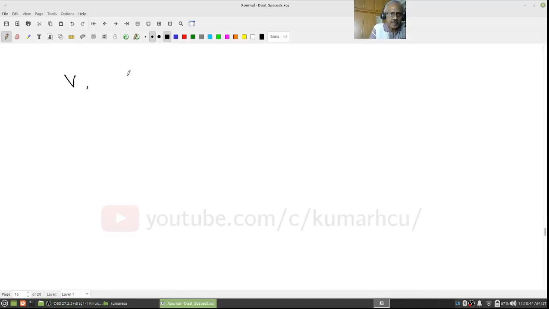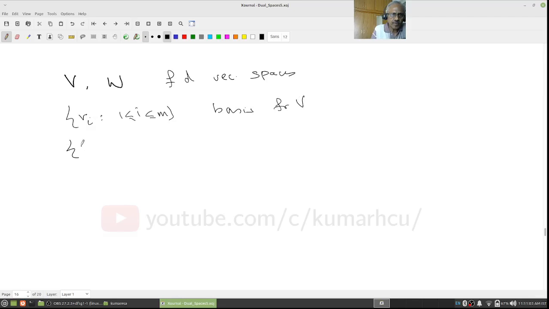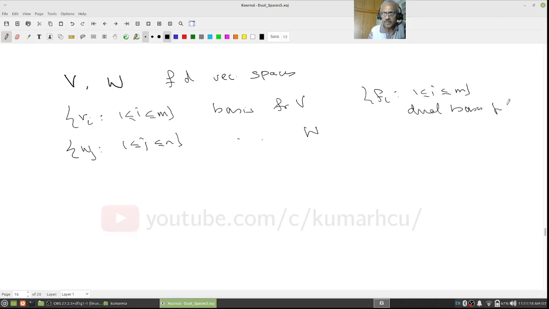So V, W are finite dimensional spaces. Let us assume Vi, 1 less than or equal to i less than or equal to m, is a basis for V, and Wj, 1 less than or equal to j less than or equal to n, is a basis for W, and let Fi, 1 less than or equal to i less than or equal to m, be the dual basis for V star, and Gj, 1 less than or equal to j less than or equal to n, the dual basis of W star.